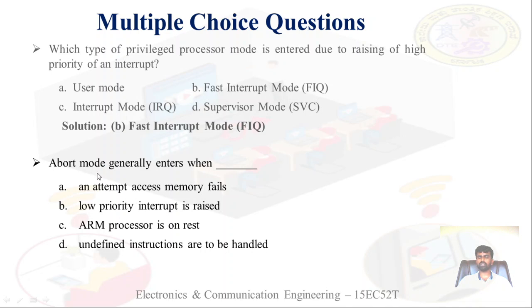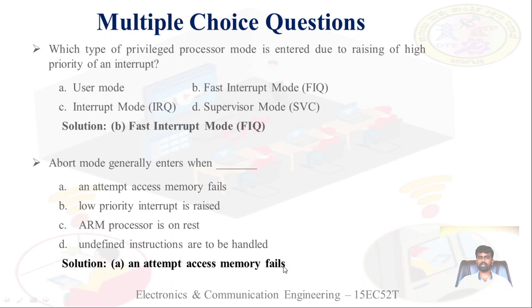Abort mode comes into the picture when the processor fails to access data or an instruction, that means it failed to access memory. So the answer is the first one. Low priority interrupt is raised is IRQ mode. The processor is on reset: after reset, there is supervisor mode. Undefined instruction is undefined mode.